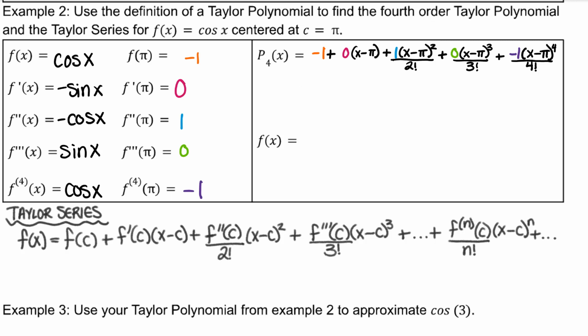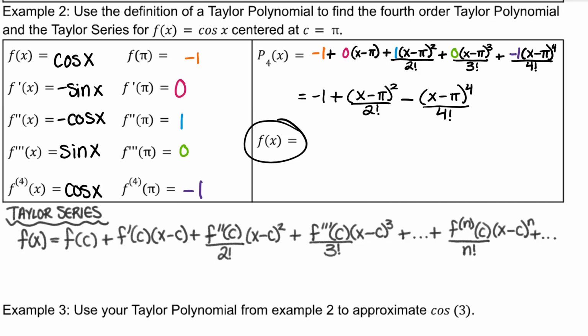Well, we do have a couple terms that multiply by 0, so we can simplify that polynomial. All right, there is our fourth degree, or fourth order, Taylor polynomial for cosine x centered at c equals pi.